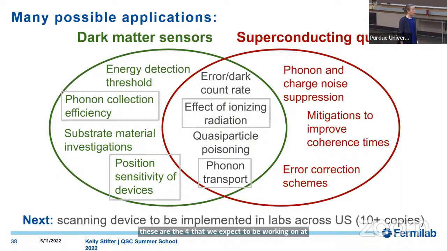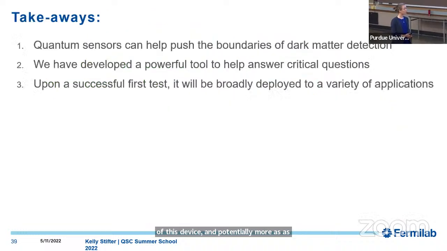But even beyond that, we are already planning to implement this scanning device in labs across the US. We know that we're going to make at least 10 copies of this device and potentially more as time goes on. So that's basically what I have today.